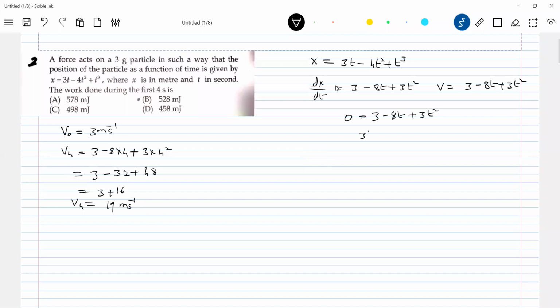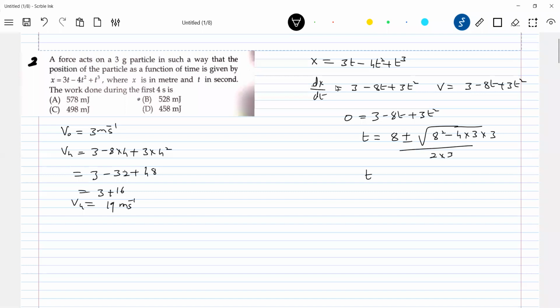This is a quadratic equation, so t is equal to 8 plus or minus root of 8 square minus 4 into 3 into 3, divided by 2 into 3.